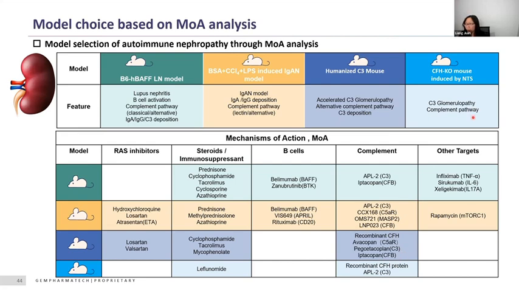This CFH KO mice is another C3 glomerulopathy animal model. It could display the manifestation when induced with the GBM antibodies. So our clients could use this table to choose a suitable model for their drug application.